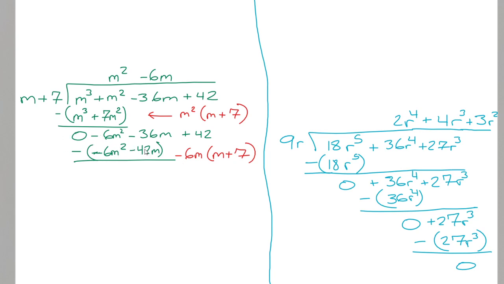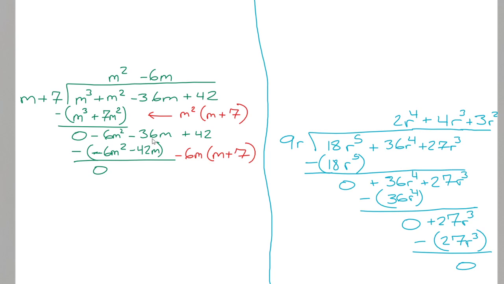All right. So negative 6m squared minus negative 6m squared. A double negative makes that a positive, so we're like adding the opposite. So negative 6m squared plus 6m squared will cancel. So that's 0. And then negative 36m minus negative 42m. This is subtracting a negative 42m.